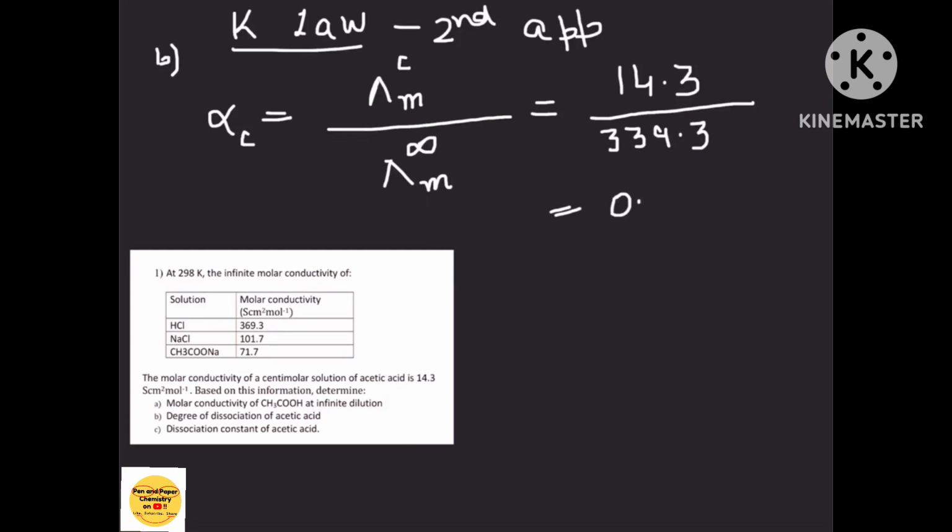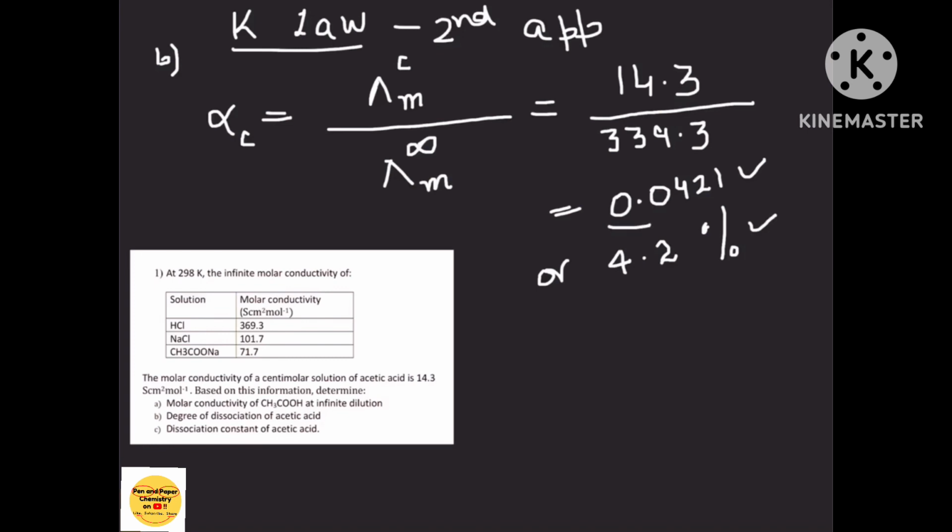Yes, it's a big value. Let's round it off to the nearest 3 digits. So 0.0421, or if you multiply it by 100, we get it as 4.2%. It can be expressed as a fraction, or as a decimal, or as a percentage.